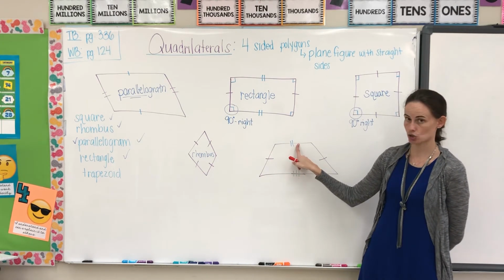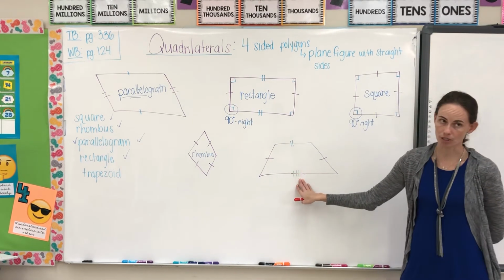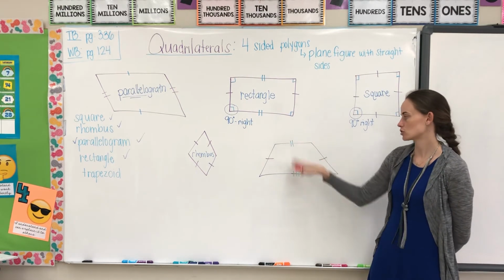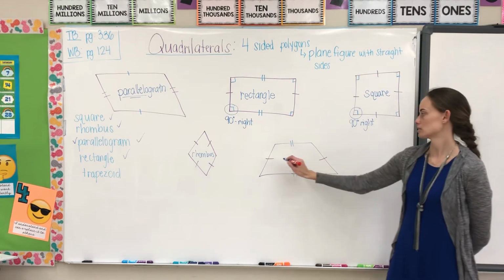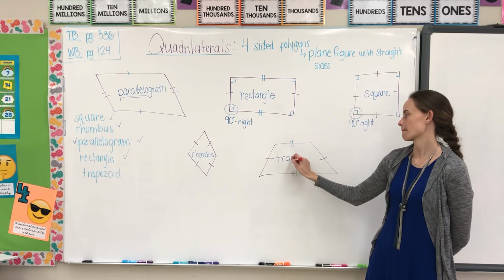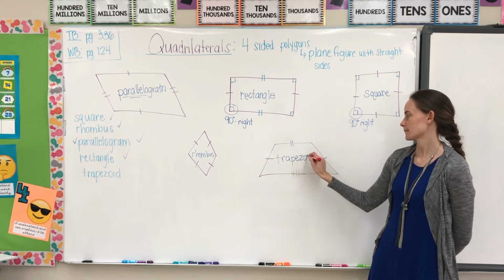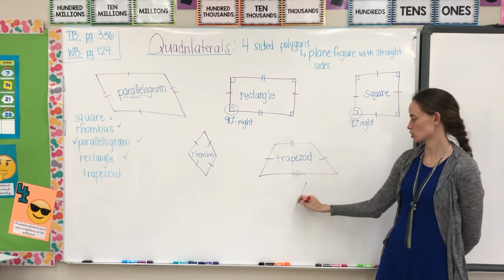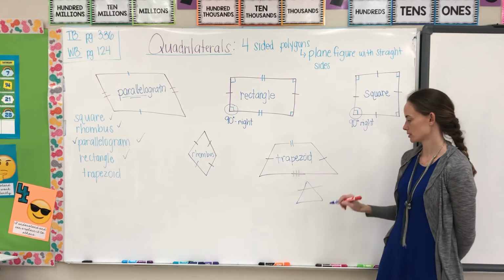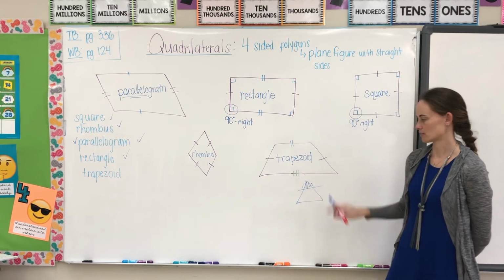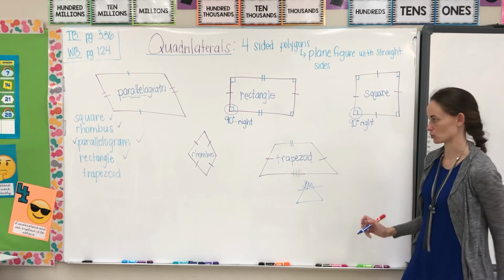So this side has two little marks, this side has three little marks. It tells you that each of these two have a different measurement. So that would be a trapezoid. Think of a trapezoid as like a triangle that got the top cut off, and now it's flat. That's what a trapezoid is.